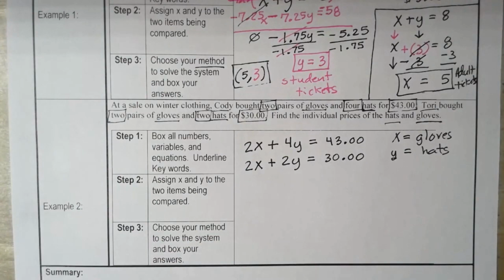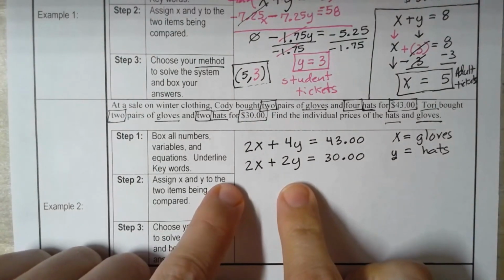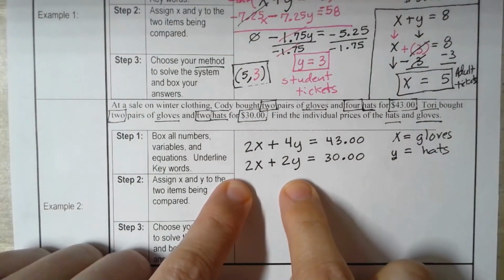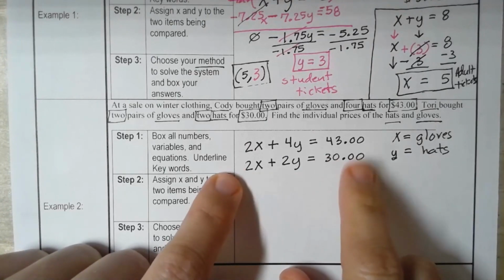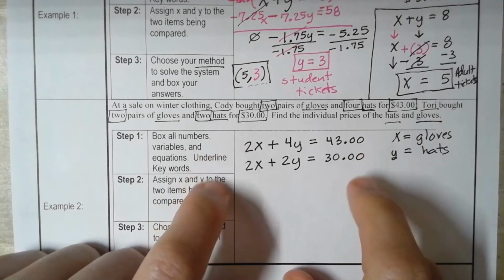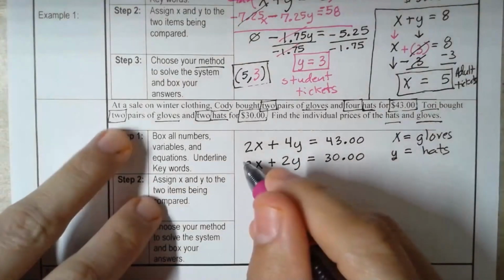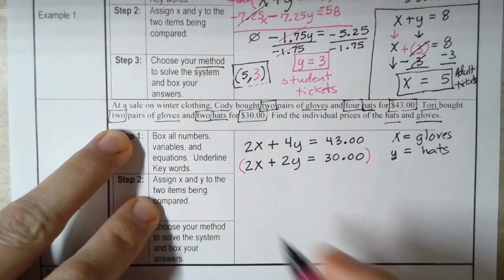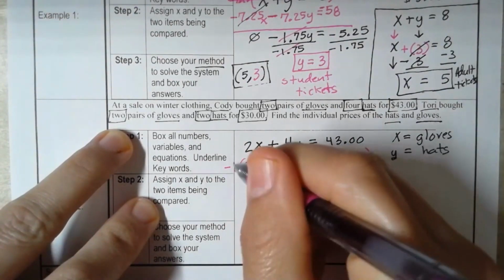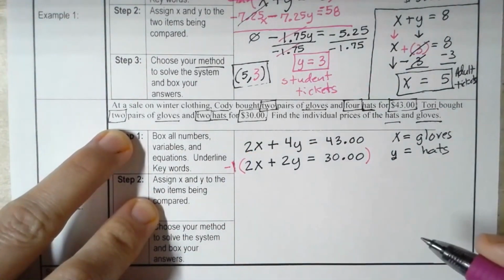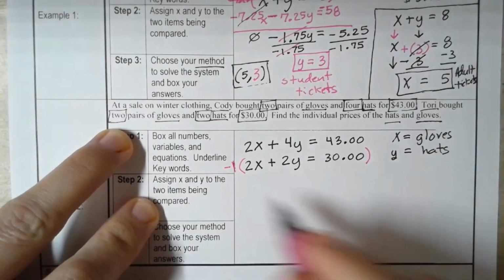So here are our equations. Now I'm going to be honest with you, looking at this again, this is a perfect type of equation to use with elimination, because I can look at this and tell real quick, all I need to do is multiply one of these by -1 and I can eliminate it. So I'm going to eliminate the one on the bottom, and I'm going to multiply the whole thing by -1 and write my new equation underneath.